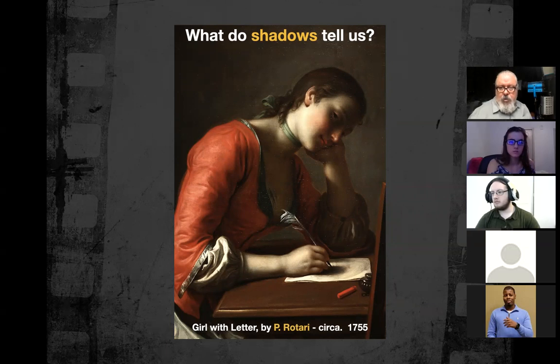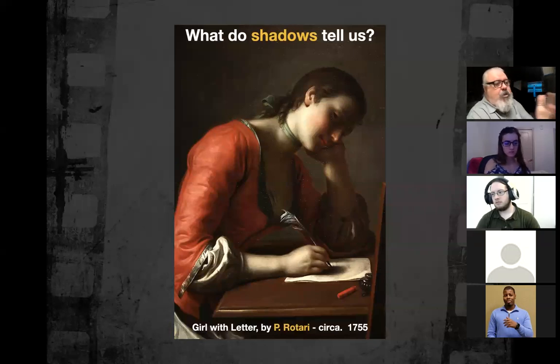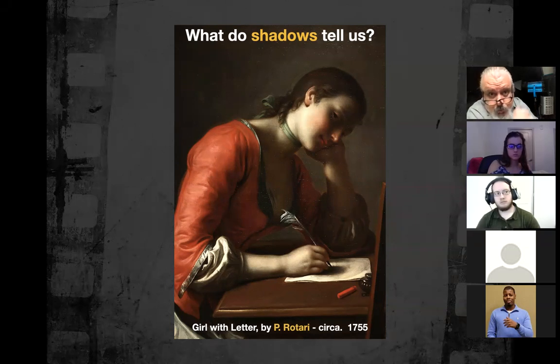The first is she's in shadow, so that may speak to her honesty, right? And she's looking right into the lens, right at the camera. When you're watching a movie and the character is interacting with another character and all of a sudden they turn to the camera and go, but you and I know what the real story is, and then they go back to doing what they're doing. She's kind of doing the same thing. She's giving that knowing look to the lens. I'm going to let you in on my secret.